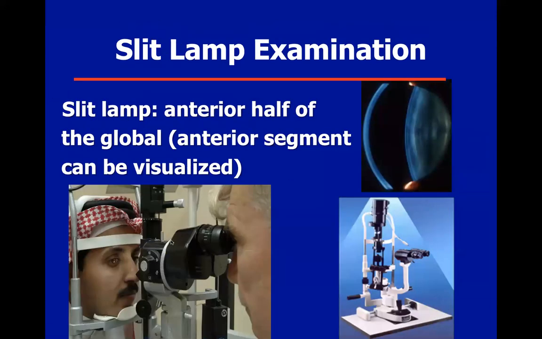Again, with the slit lamp, you actually can see the anterior half of the globe, which we refer to as the anterior segment. So this is your cornea. If you guys are wearing a watch, please look at your watch. The watch will have a glass part. You don't see it, but you know it's there because it's crystal clear. This is equivalent to what we refer to as the cornea, the crystal part of the eye.